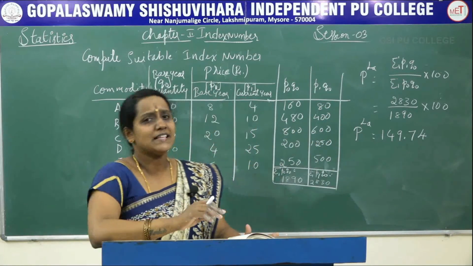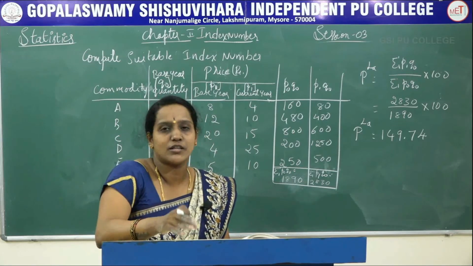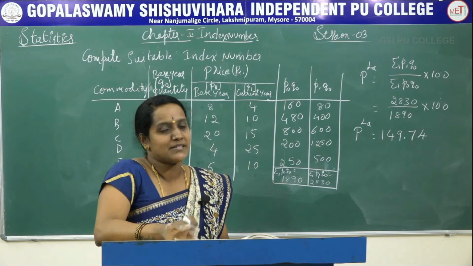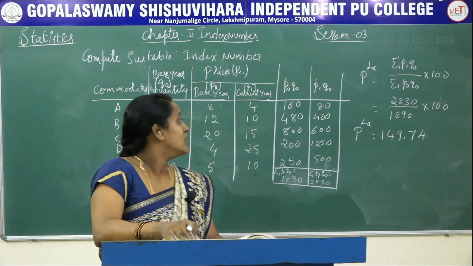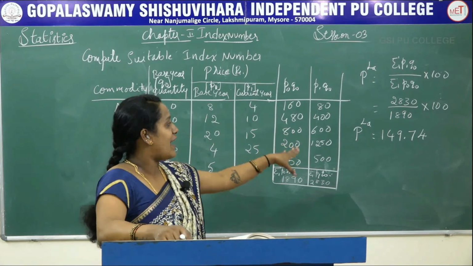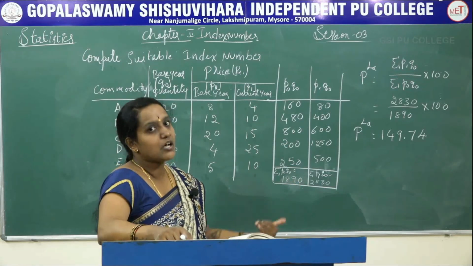For all these problems, they didn't ask for the comments or the results, so we are not writing any comments. If they ask, we have to write. By comparing the calculated value with 100, we have to mention whether it is increasing or decreasing.